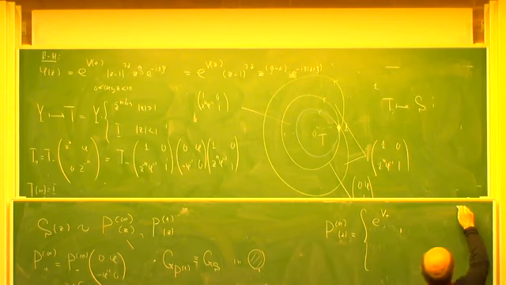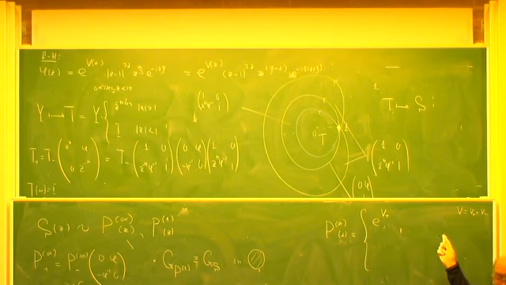I represent my V as V plus times V minus. Here V plus is a Laurent series with positive powers, including the 0 power, and V minus is just the terms with negative powers.